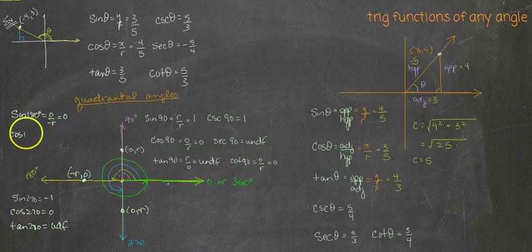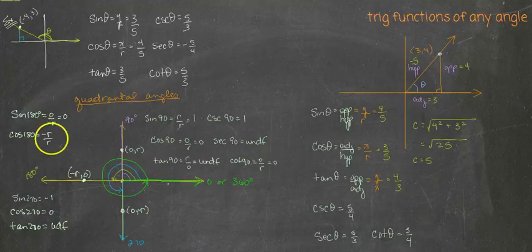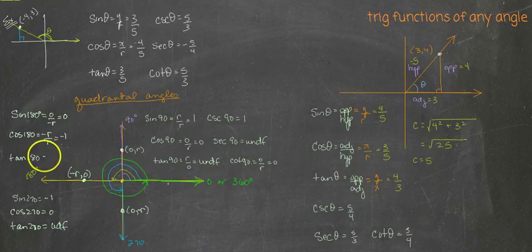Cosine of 180 would be x over r, negative r over r, negative 1. Tangent of 180 is y over x, 0 over negative r, equals 0. And then the inverse functions would be the same.